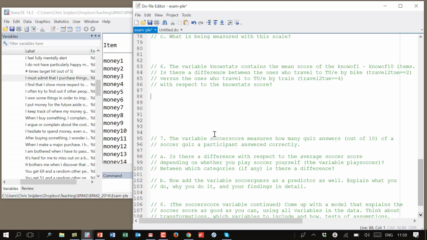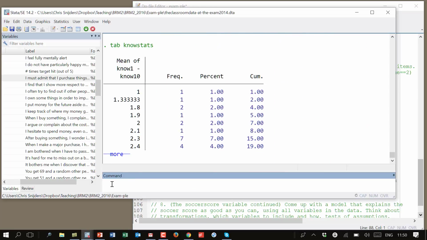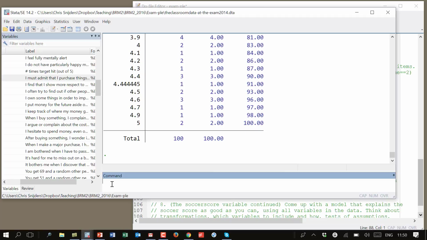So what's next? Yeah, t-test. Let's have a brief look at no stats. Apparently running from 1 through 5 and decimal values in between as well.